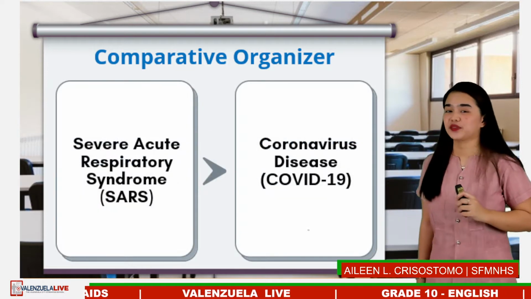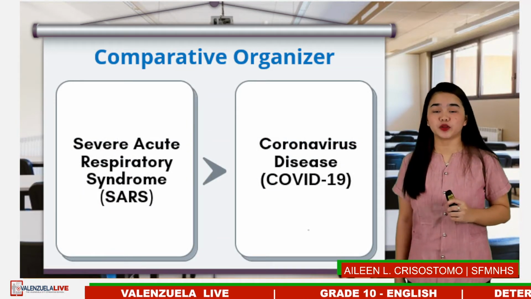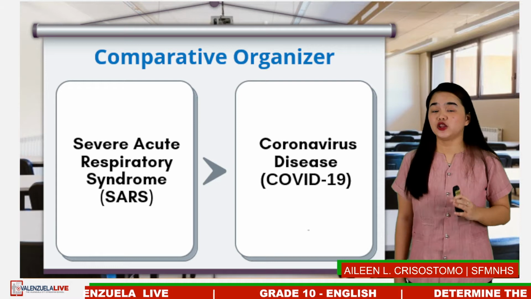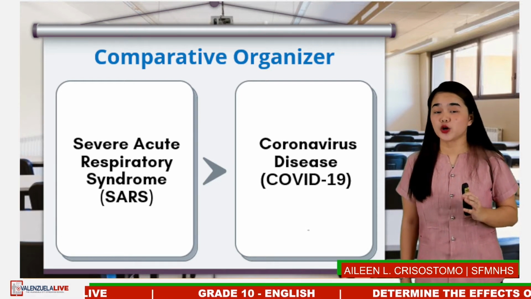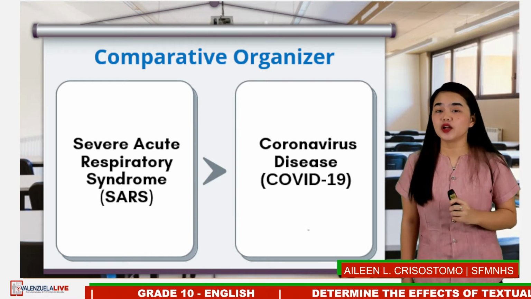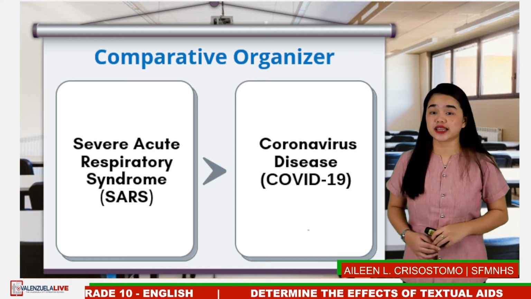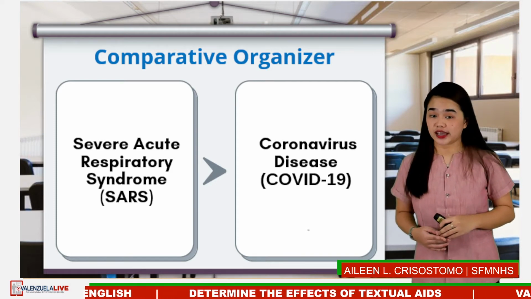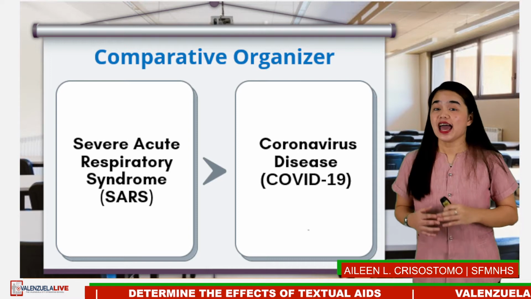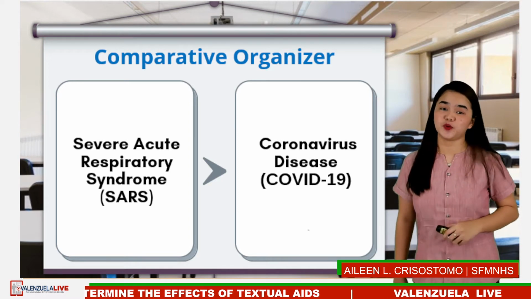For example, if you learn about severe acute respiratory syndrome and new information is given about coronavirus disease, you will be able to compare and contrast them to understand their differences, thus integrating existing knowledge with the new knowledge.